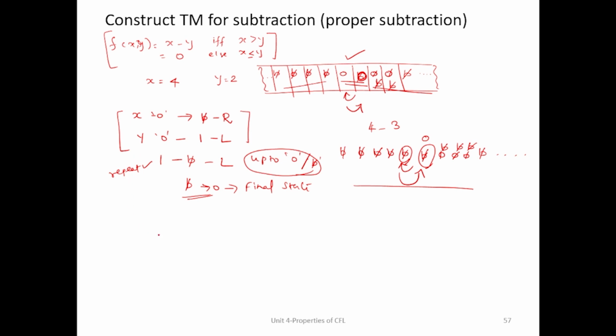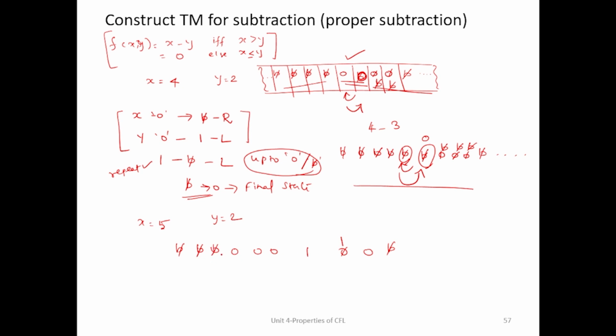Okay, I repeat the same procedure with x equal to 5 and y equal to 2. So 5 zeros, 1, for differentiating the x zeros and y zeros. The first x 0 is replaced with a blank space. Go to the right side. If 1 occurs, the immediate 0 after that is y 0, so this will be replaced with 1.